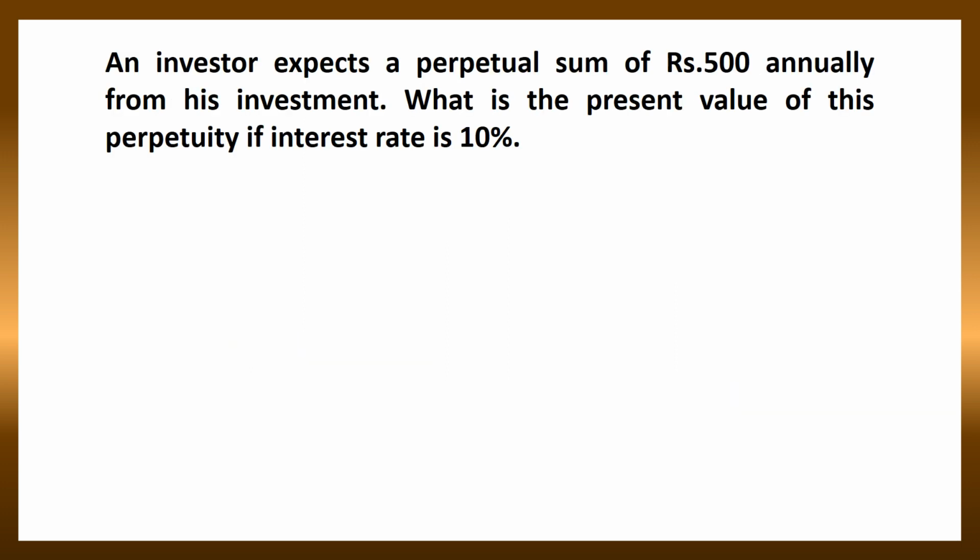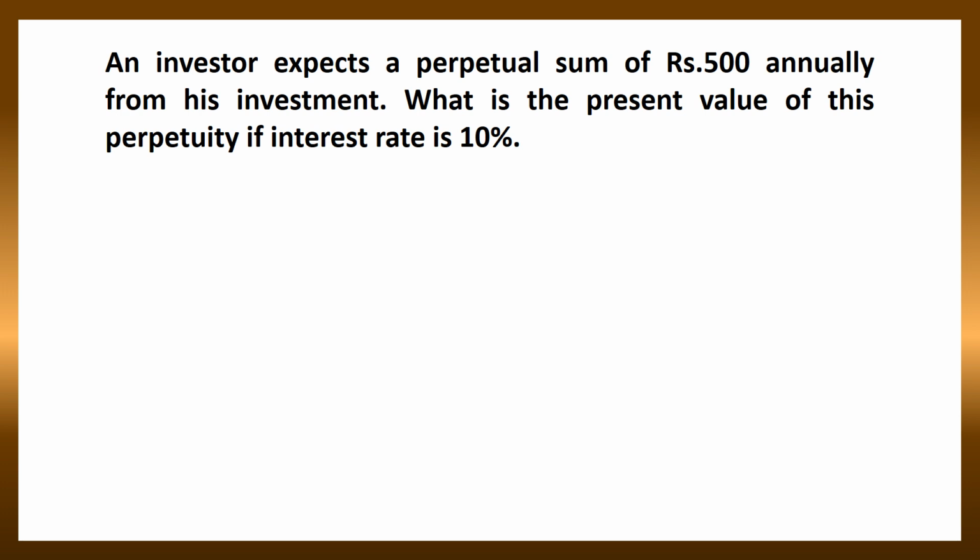Now let us take an example. An investor expects a perpetual sum of 500 rupees annually from his investment. What is the present value of this perpetuity if the interest rate is 10%? It is clearly given in the question that 500 is received annually, but it is a perpetual sum.